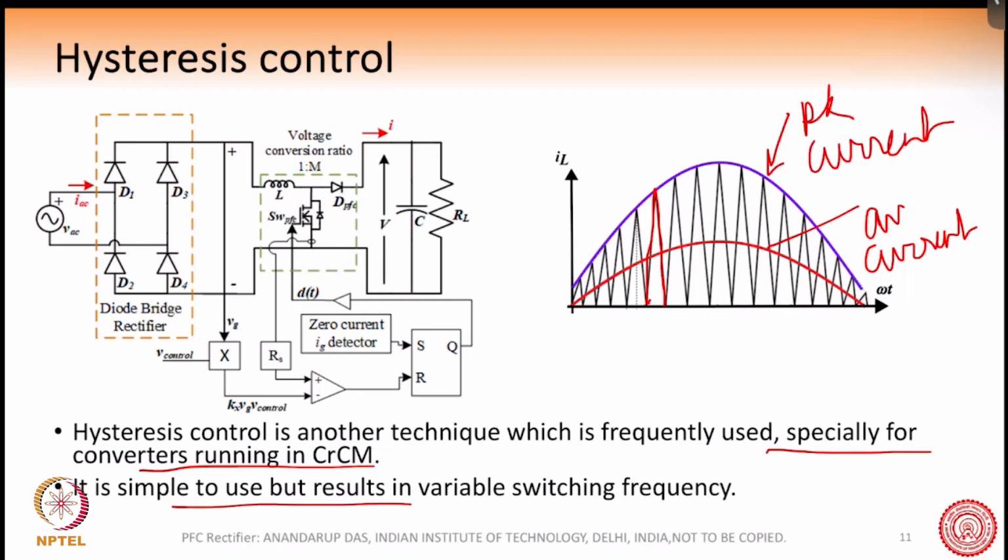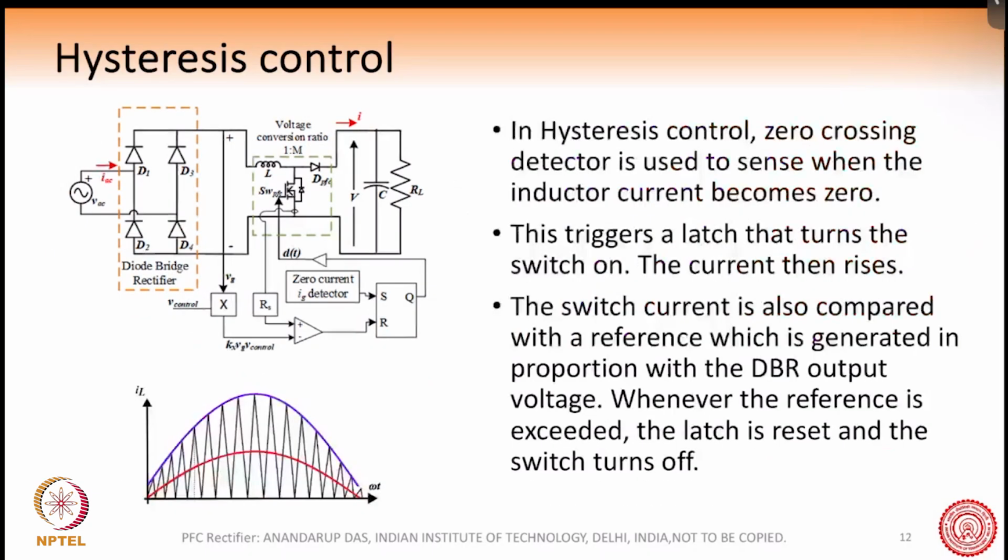What is done here is something like this. You can see here there is again this feedback of the voltage, and there is also V control. But here, the current through the inductor, or the current through the switch, is sensed.